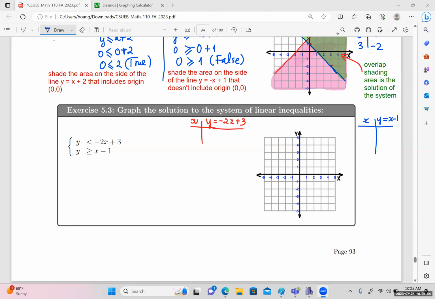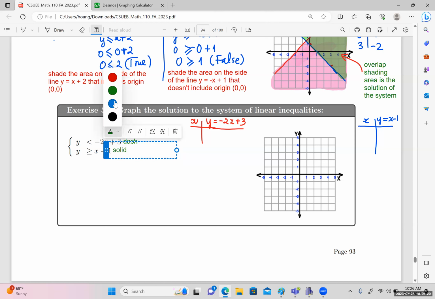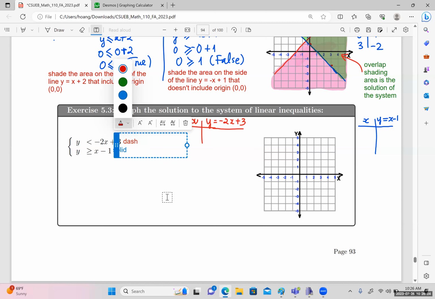Okay, so one of them will be the dashed line, since it doesn't include equal. Another one is solid, right? So yeah, I will do this just solid. This guy is solid. Which one is red? Okay.